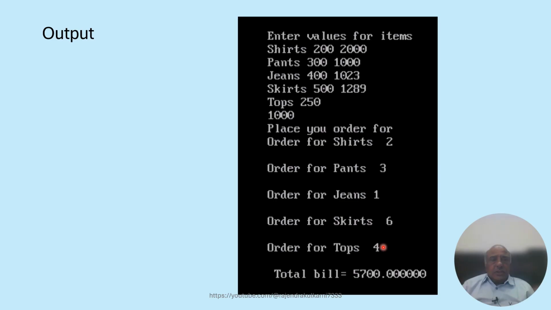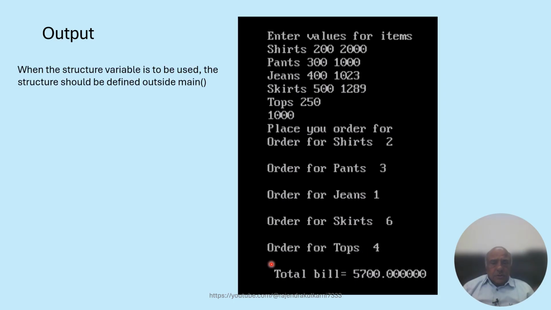After receiving this ordered quantity, the invoice function calculated the total amount of the bill, and that value is returned to our main calling function, and in main the total bill is displayed, which comes out to be 5700 in this particular case.